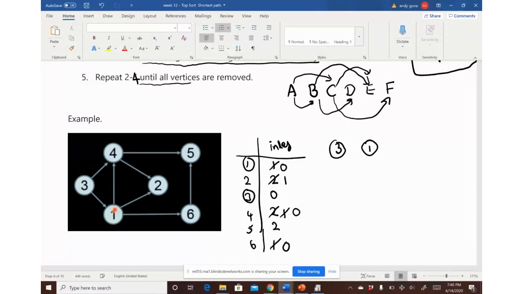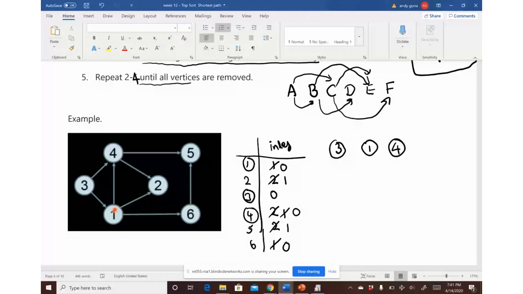And then you pick the next one from the list that's not been picked. Let's say we pick 4. And you reduce anyone connected to 4 by 1. And that's going to be 5, so this would be 1. And 2 will be reduced to 0.